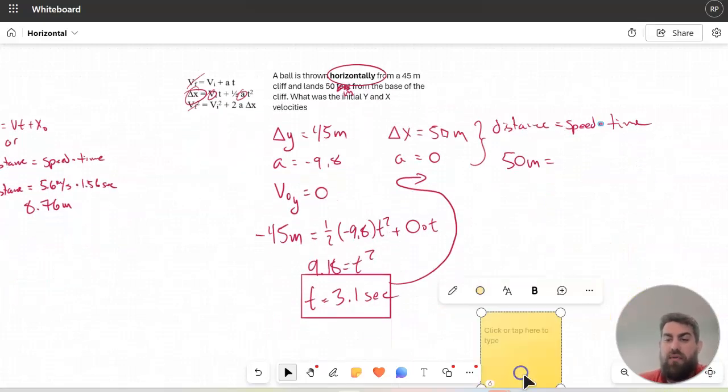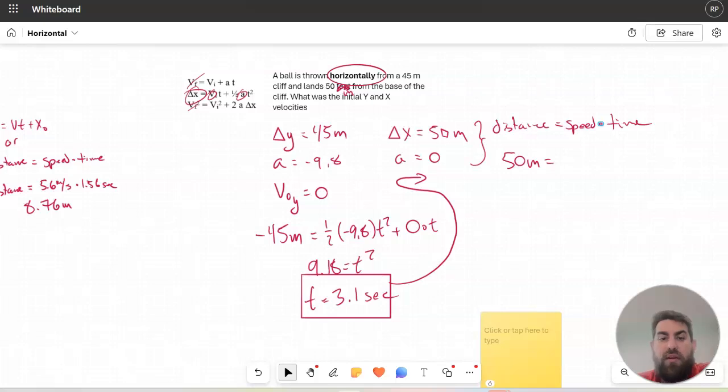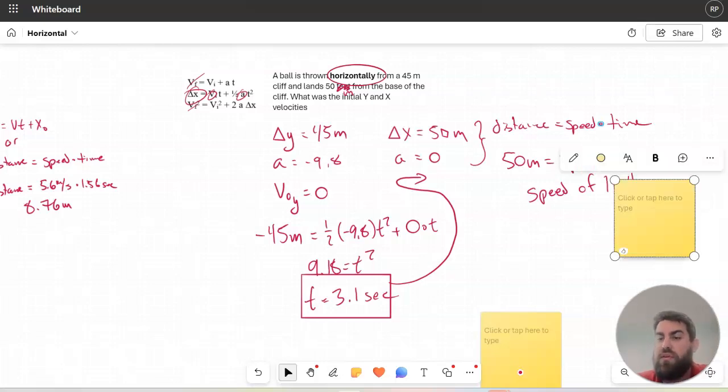Sorry, the same thing happened in my last video. 50 meters equals our speed times the time, which is 3.1 seconds. So we're going to get a speed of 16.4 meters a second.